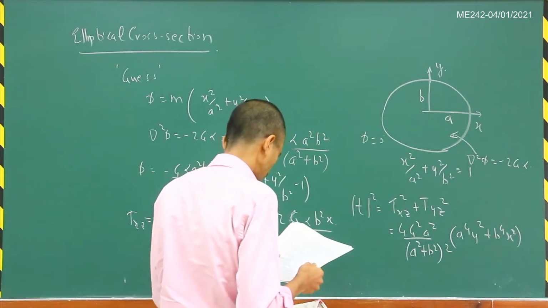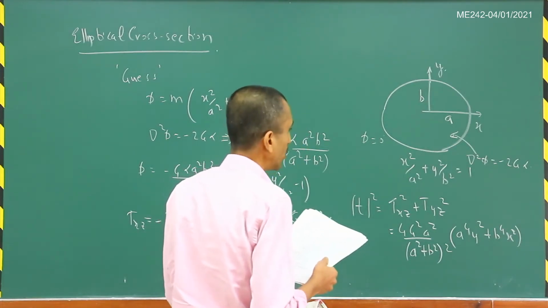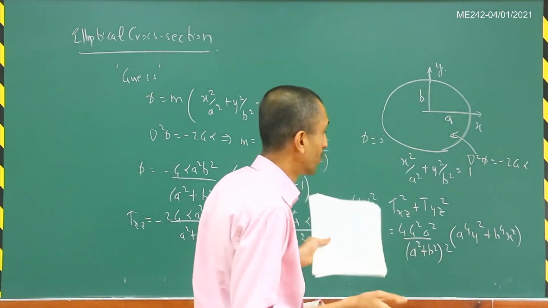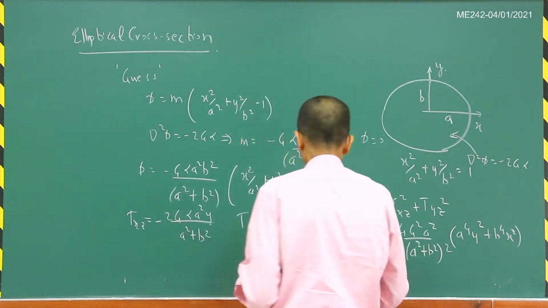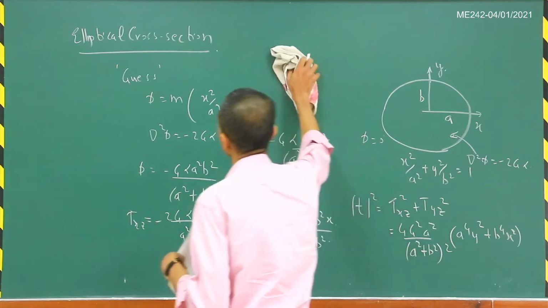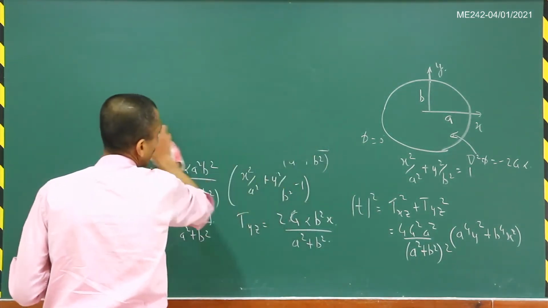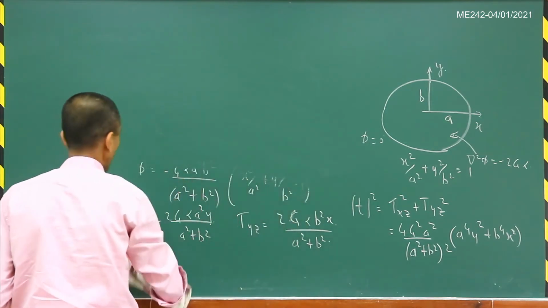We know that the maximum shearing stress occurs on the boundary. That we proved in the last class. So let us use that information to find out where the maximum shearing stress occurs here.